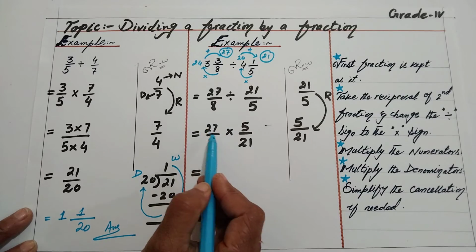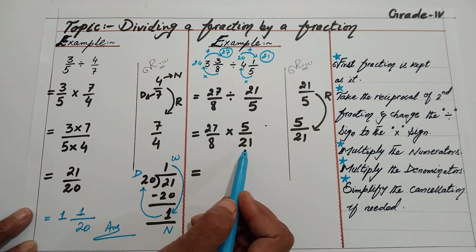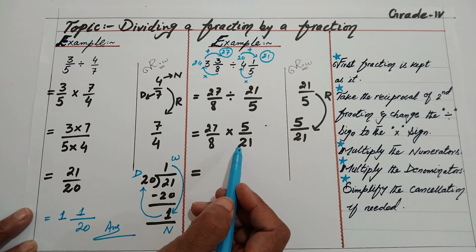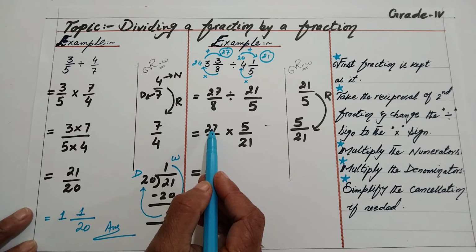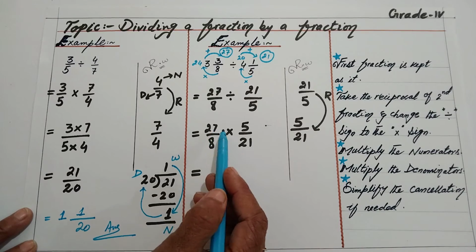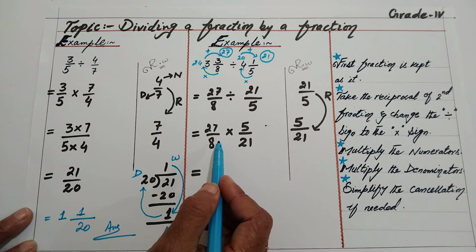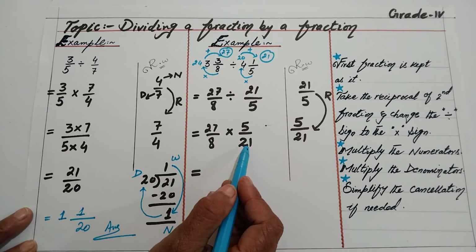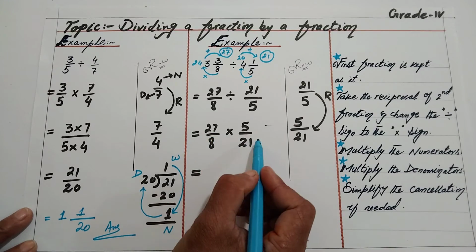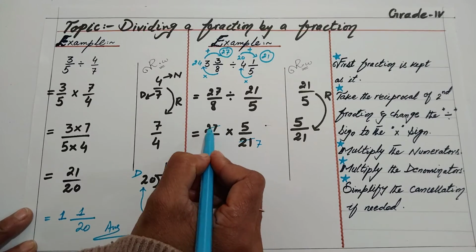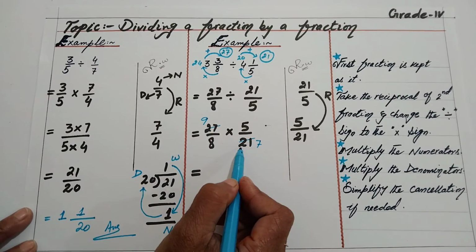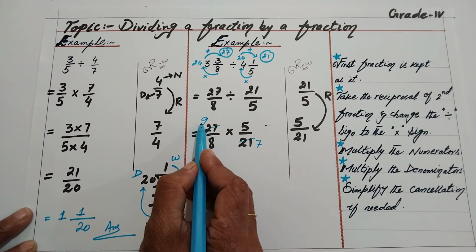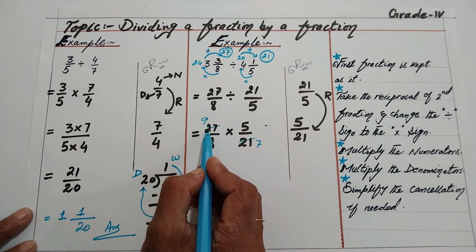So here we have to check, is there any possibility of cancellation? Yes, there is a common factor for 21 and 27. What is that factor? 3. 3 is the common factor for 21 and 27. 3 sevens are 21 and 3 nines are 27.